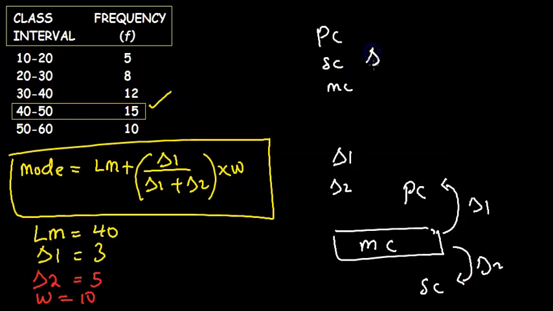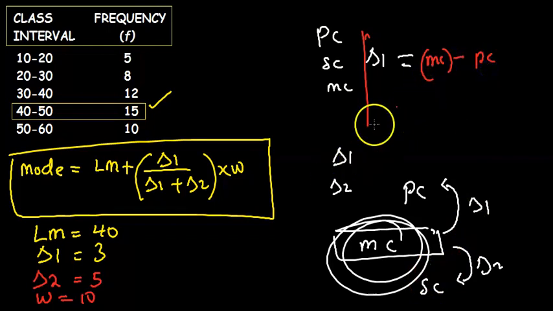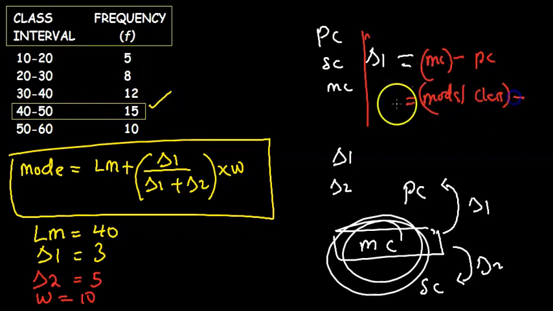If that's the case, for us to find our delta 1, we are going to take this to be the subject of the formula. Our delta 1 is simply going to be the MC minus the PC, which is the modal class. You can just write it this way: modal class, you are going to subtract the preceding class.